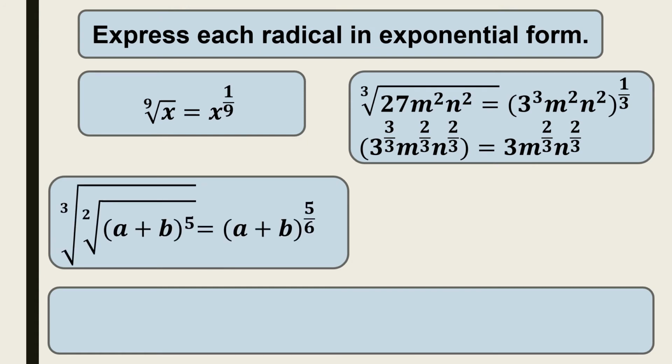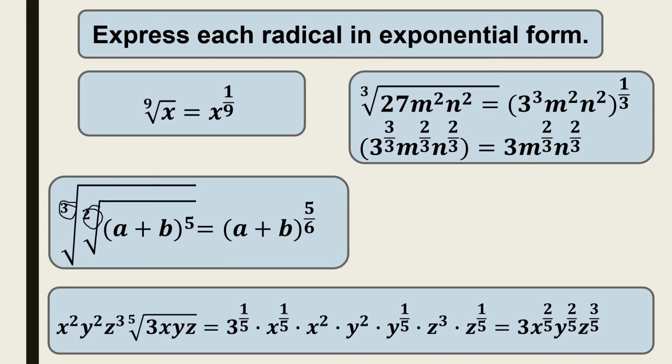Then next, the tip here is you just multiply 3 times 2 to get the exponential form of this. Next, x squared y squared z cubed, fifth root of 3xyz.